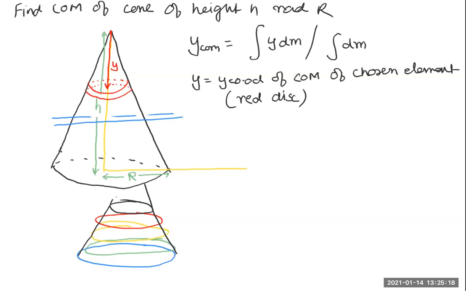Whether you knew this before or not, maybe you worked it out, maybe you did not, it does not matter, because from now on you are going to remember that a solid cone is made up of solid disks.